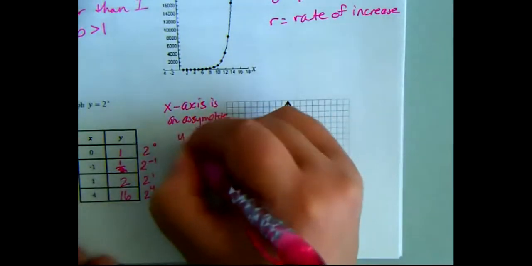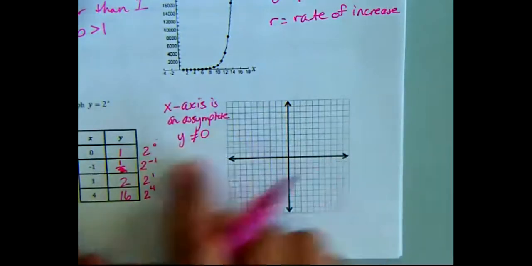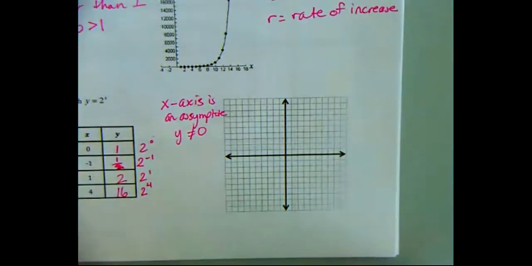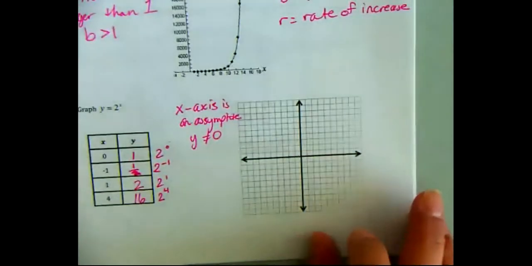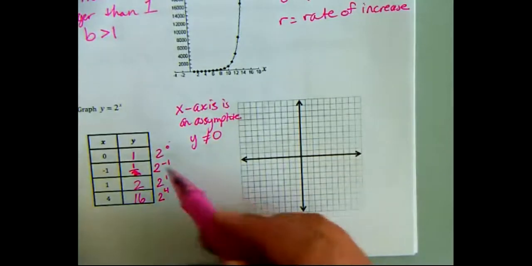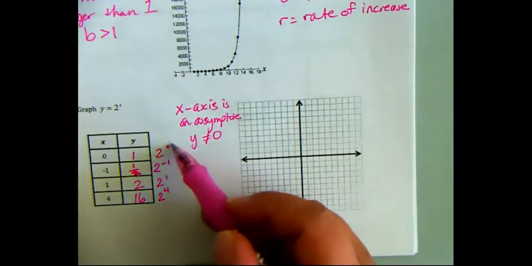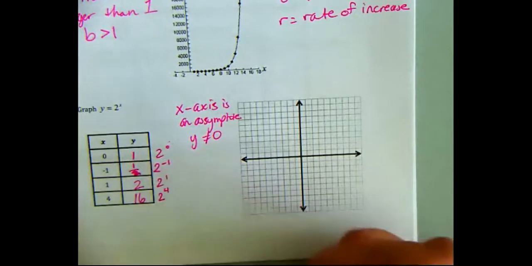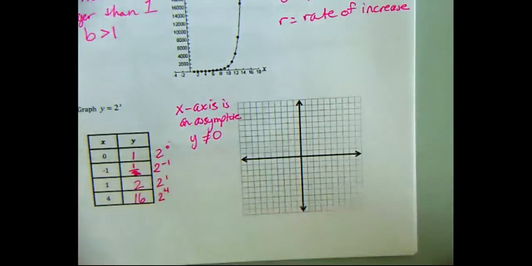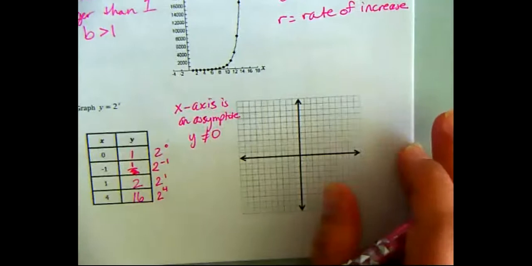So y cannot equal 0. This can never equal 0. x can be 0. We can plug in a 0, but whenever we plug in a 0 for x, we end up getting a 1, no matter what our base is. So it's not going to be 0.